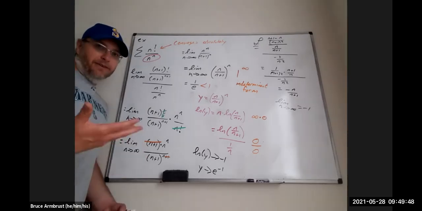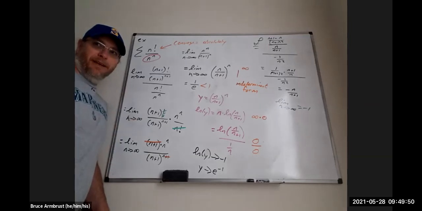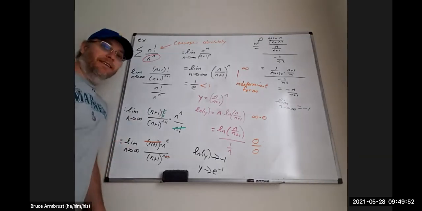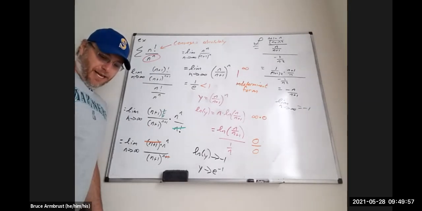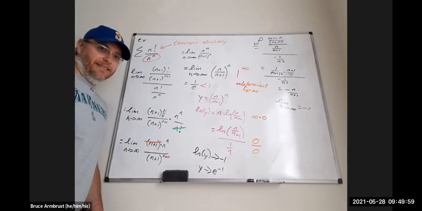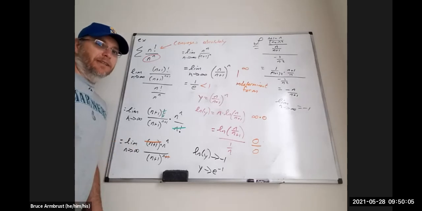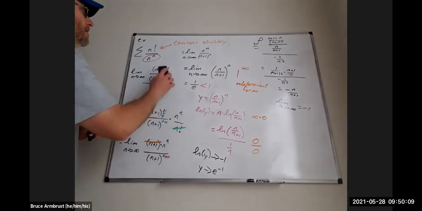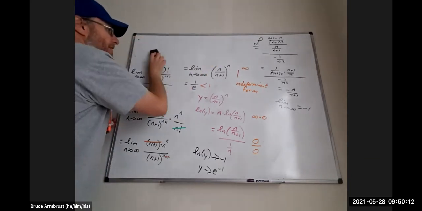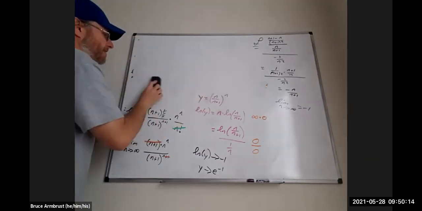Okay, but then you go to the place in your mind where you're like, well, yeah, Bruce, okay, great. You tell me I want to watch out for those things and not do it. I need to have another test. I need another test to be able to tell whether it converges or diverges. Yeah, well, this is your next test. This is going to be the root test. All right, so let me show you the root test.